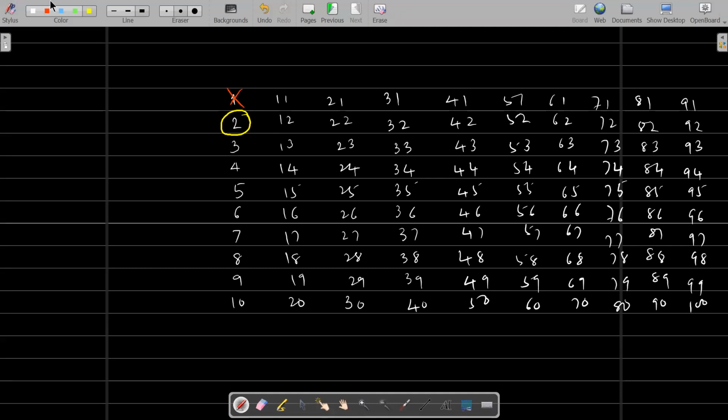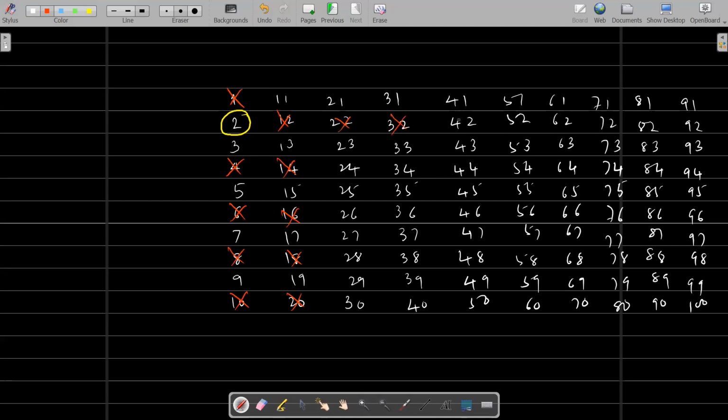So cancel out all multiples of 2, like 4, 6, 8, 10, 12, 14, 16, 18, 20, and so on.